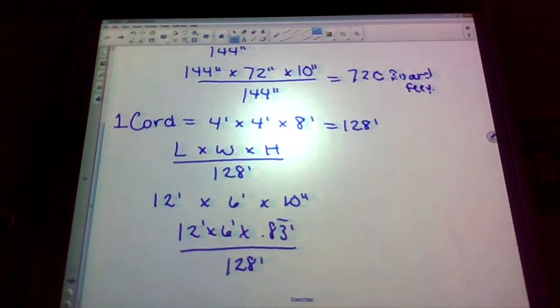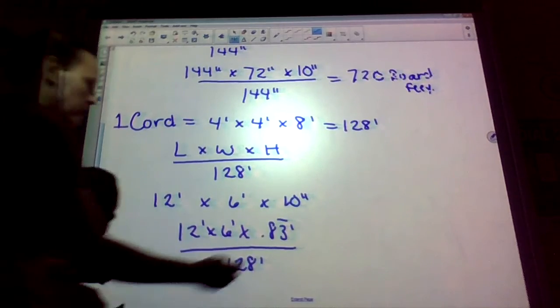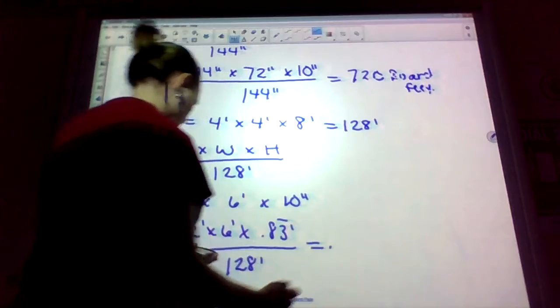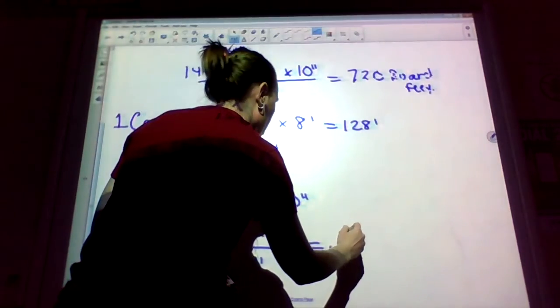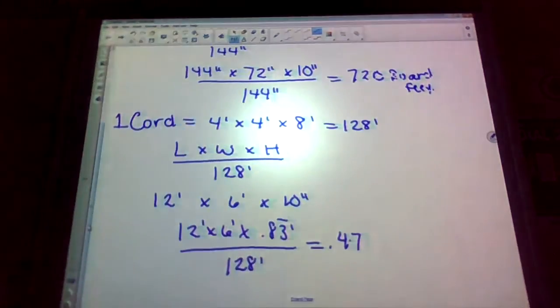So we have 12 times 6 times 0.83 divided by 128, and that gives us 0.47. In other words, we don't even have one full cord there. So it's not as big as we maybe thought it was going to be, all because our thickness was only 10 inches. Only almost half a cord exists with that same piece of wood. And that is how you calculate board feet and cords in forestry.